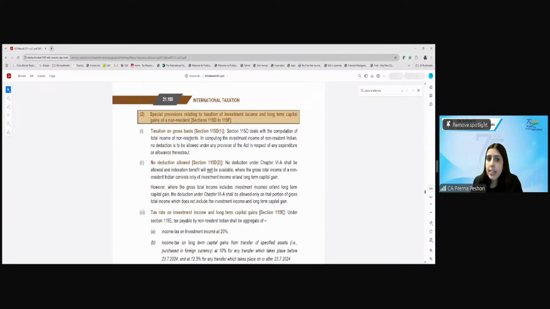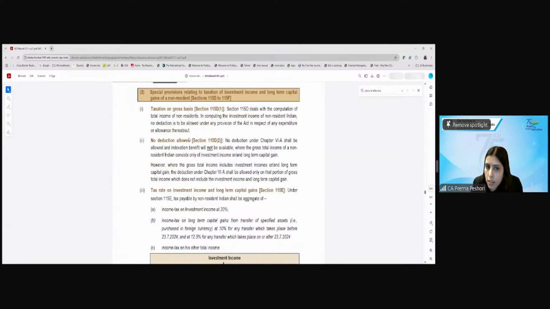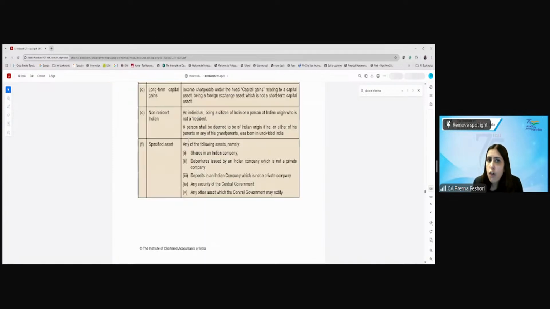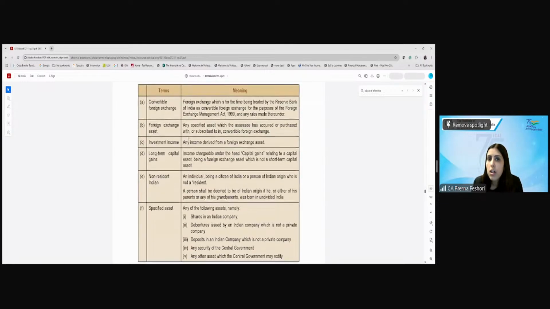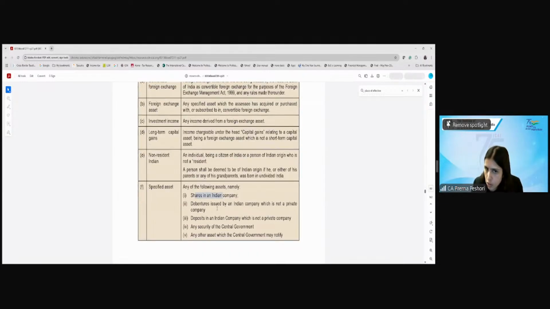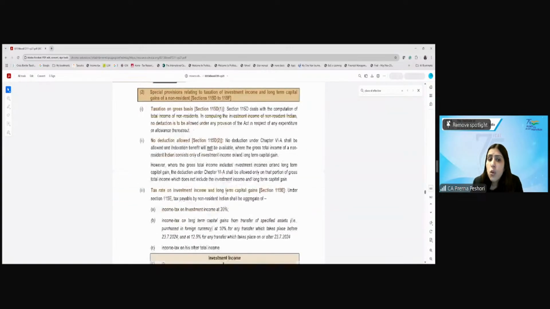What it says is that on the long-term capital gain on the sale of shares or debentures which are purchased using foreign exchange, there will be a lower tax rate of 12.5% if the transfer takes place after 23rd July, and 10% if it takes place before 23rd July.